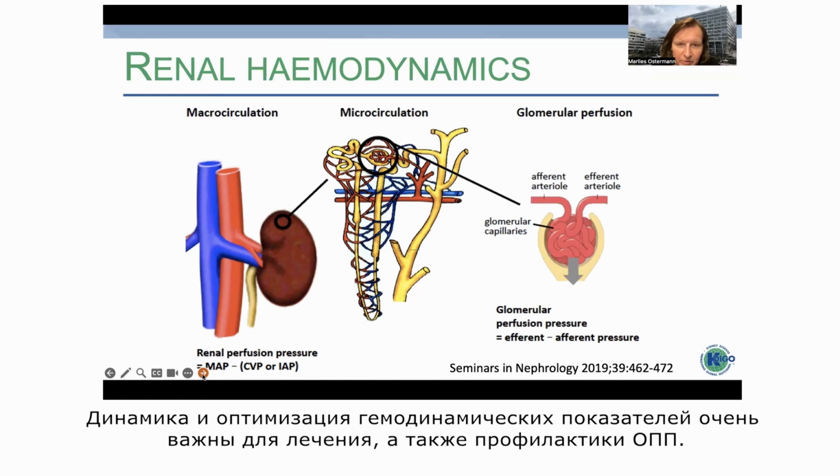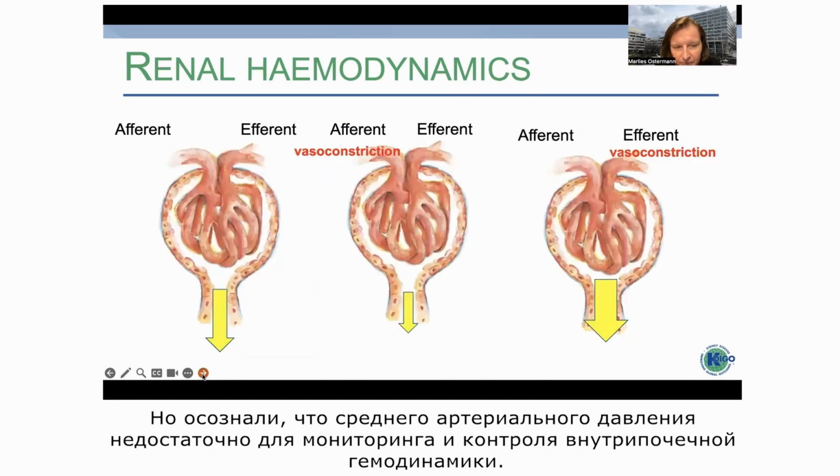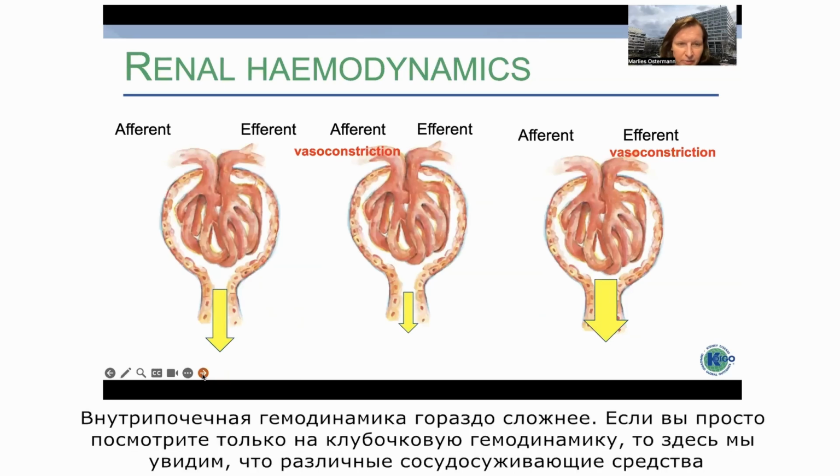Hemodynamics and hemodynamic optimization are very important in the management and also prevention of acute kidney injury. But we've learned to understand that mean arterial blood pressure is insufficient to monitor and control intrarenal hemodynamics. And the intrarenal hemodynamics are much more complex.